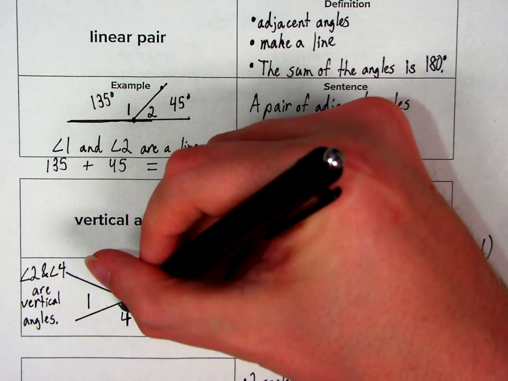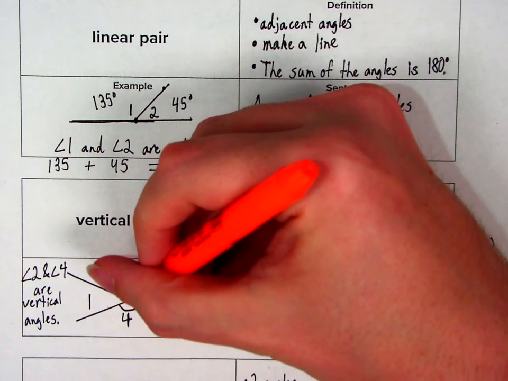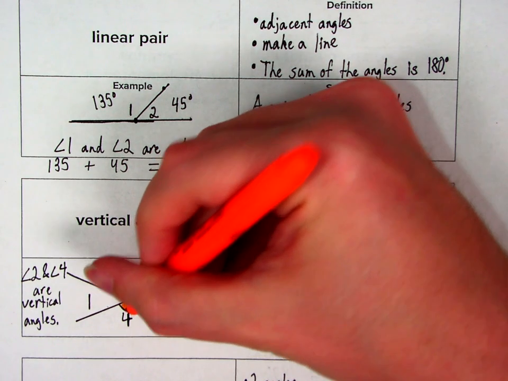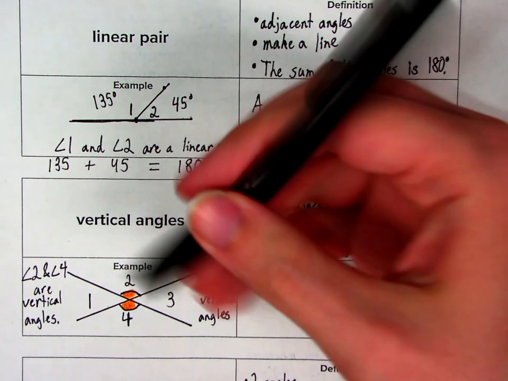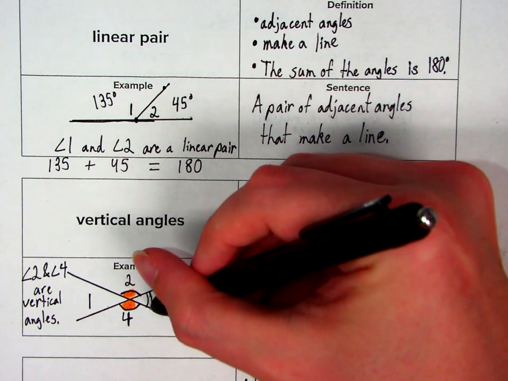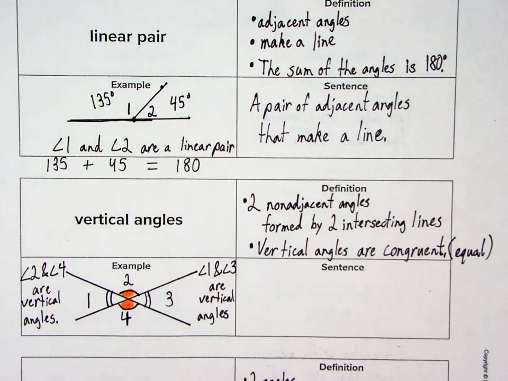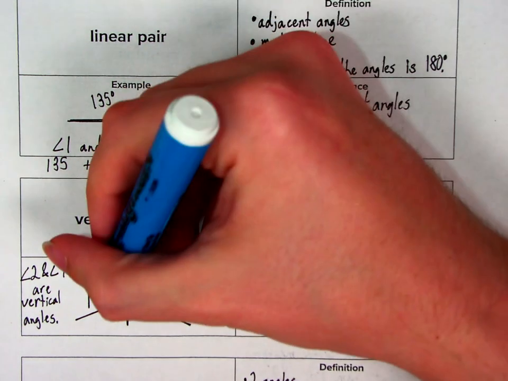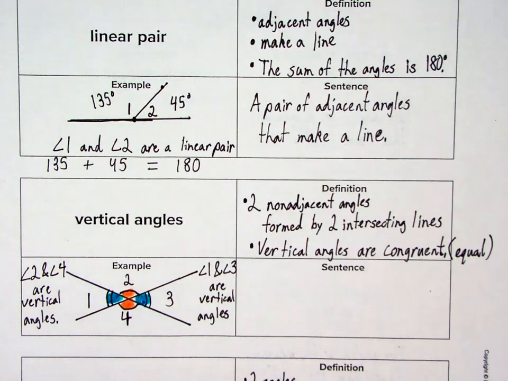I'm going to give the angle 4 one arc across it. Those single arcs mean these two angles are the same size. Angle 3 and angle 1 are across from each other. I'm going to give them 2 arcs, and that means that our 2 angles there are congruent as well. Angle 1 here is congruent to angle 3.